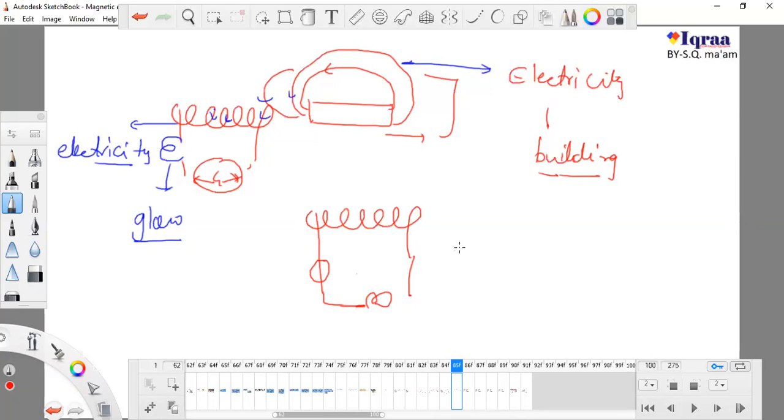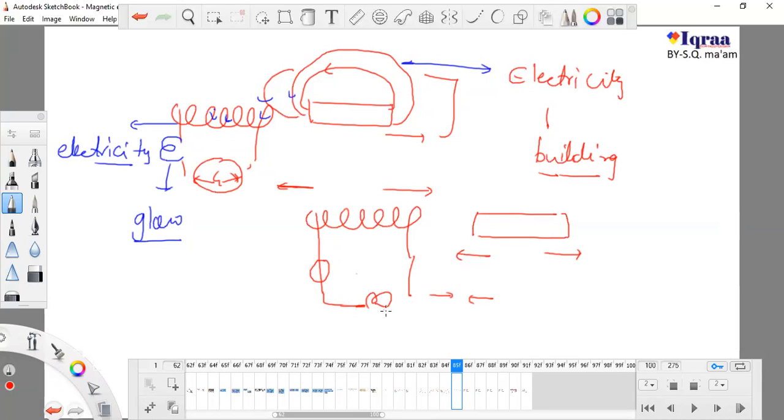So just by using a magnet, moving this magnet apart, or moving this magnet close, or moving this coil apart or close, or moving both of them close or apart simultaneously, just move them. Don't make them stationary, you have to move them.